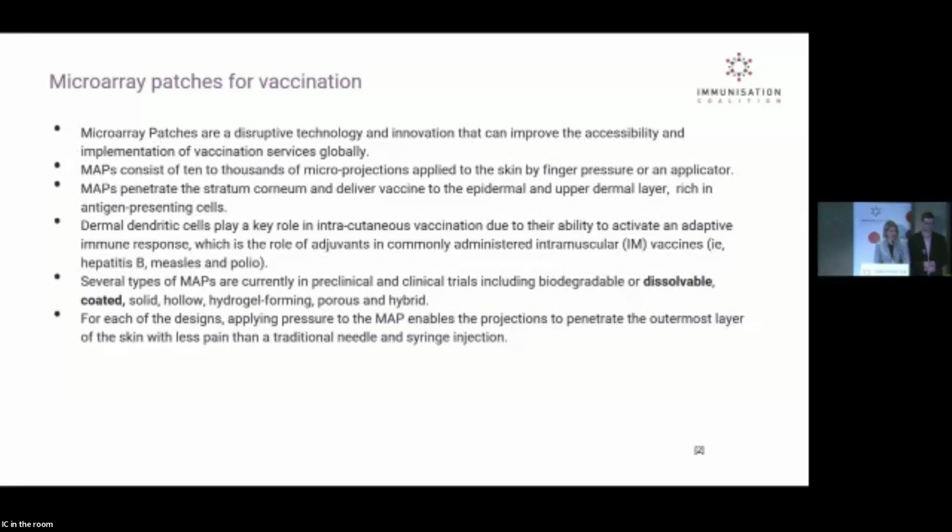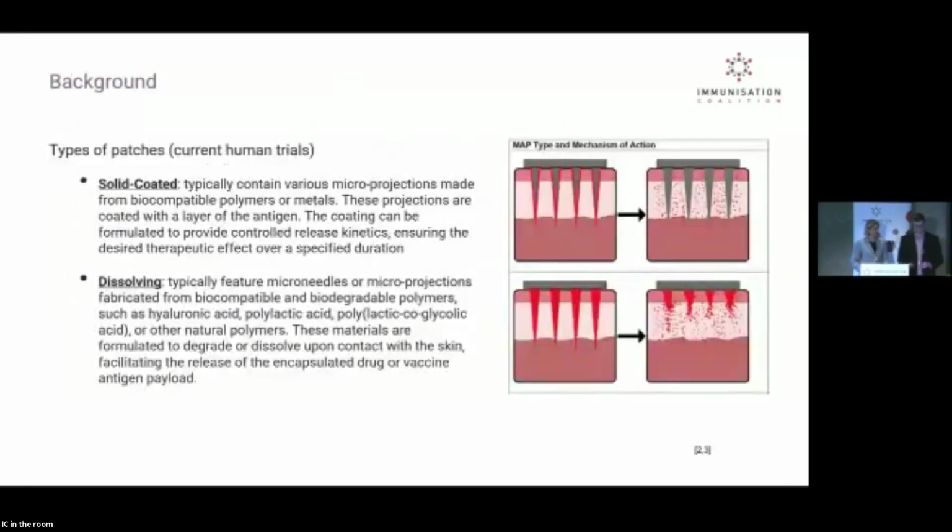There are several types of microarray patches that are currently in preclinical and clinical trials, including the biodegradable or dissolvable coated, solid, hollow, hydrogel forming, porous and hybrid microarray patches. And for each of these designs, applying pressure to the map enables the projections to penetrate the outermost layer of the skin with less pain than a traditional needle and syringe injection.